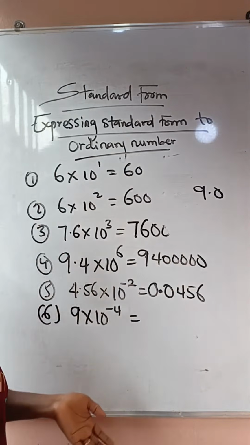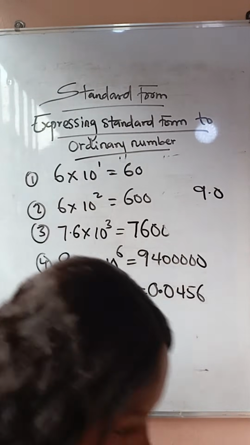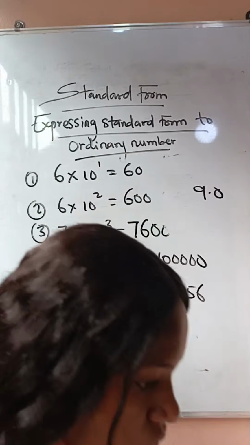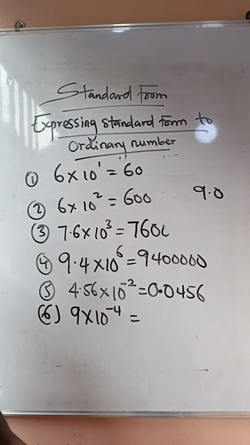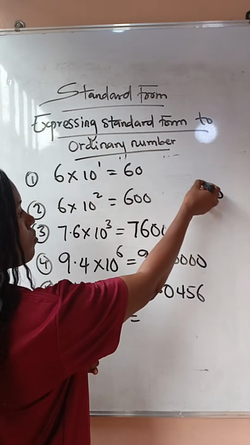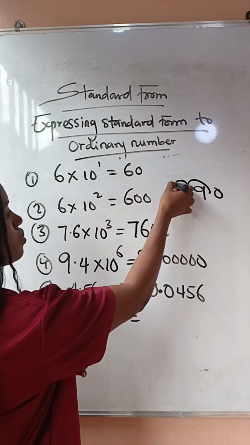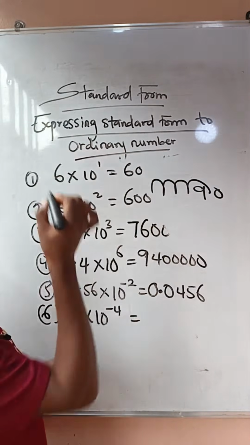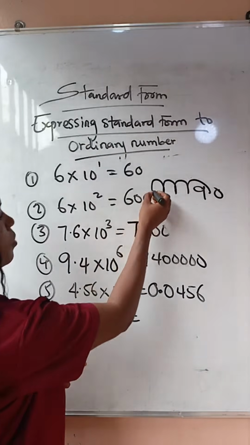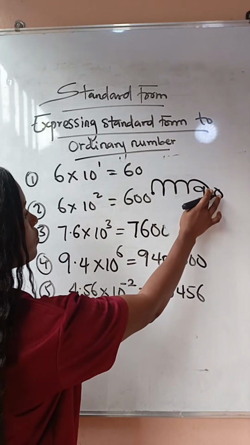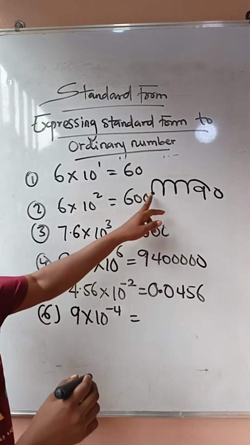So let's do that. I'm talking about 9 to the power of minus 4. Yes, I've done that already. Thank you. So we now have 1, 2, 3, 4. This is where our decimal point is now. We have removed it from here. So we now have points.